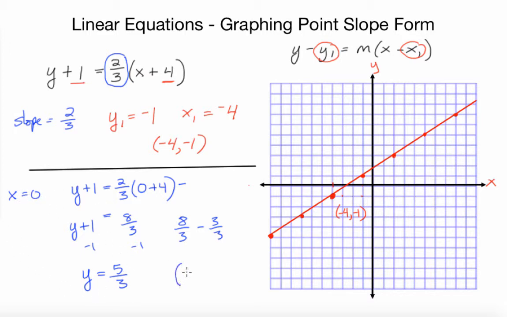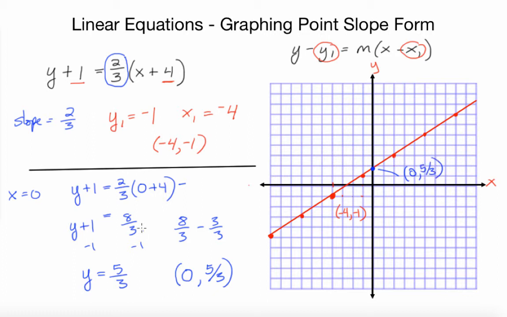So now we put in an x value of 0 into my point-slope form equation, solved for it, and we got a y value of 5/3. Had to do some fraction work there to be able to do some subtraction and solve for y. And we can see on here, 5/3, that's 1 and 2/3. Yeah, it matches up with my graph. We just found this point right there. When x is 0, y is 5/3.